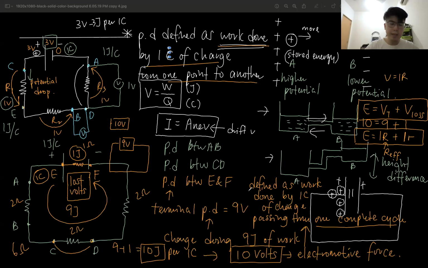Another way to define the EMF is, instead of talking about the work done by 1 coulomb of charge passing through 1 complete cycle, they also define it as the amount of chemical energy being converted to electrical energy. Because the total energy supplied by the battery comes from chemical energy into electrical energy.